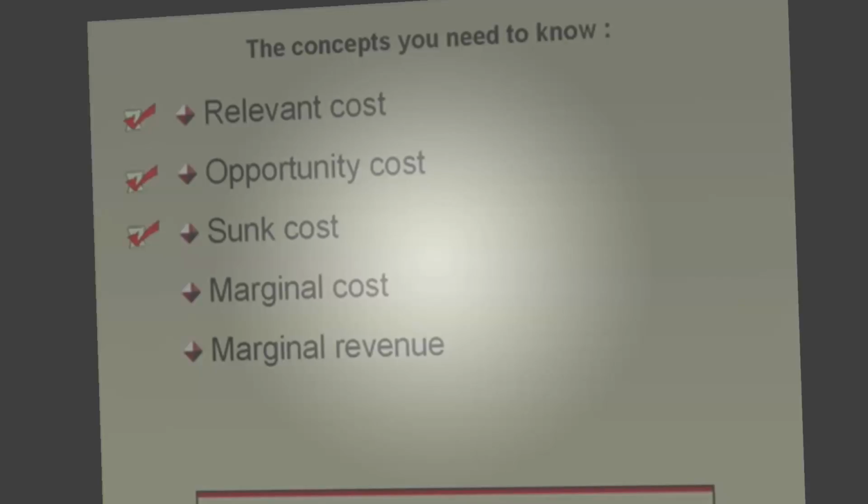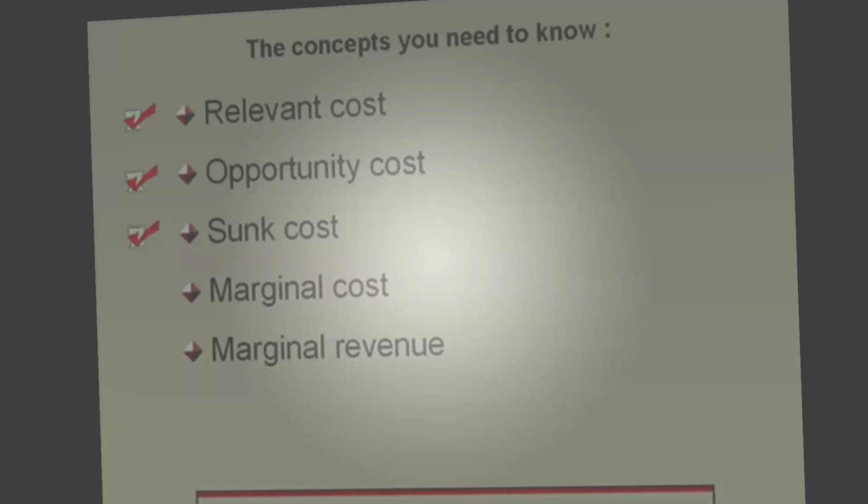Let's talk about the cost concepts that we discussed. The cost concepts that up to now we haven't discussed are prime and conversion cost.